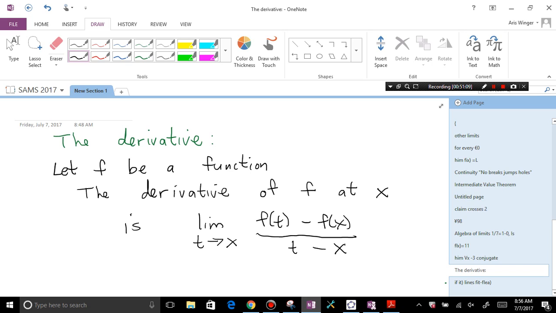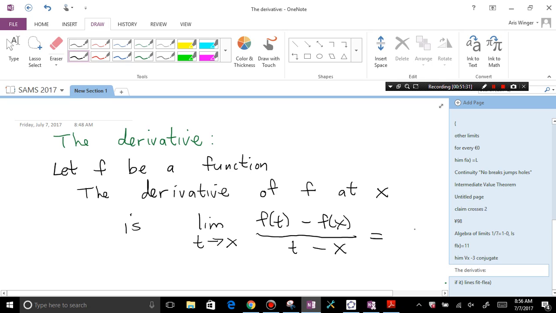If I want to show that the derivative of x squared is 2x, I'm going to use this one. If all the definitions are the same, I should be able to use each one interchangeably. All right, so that's the derivative.